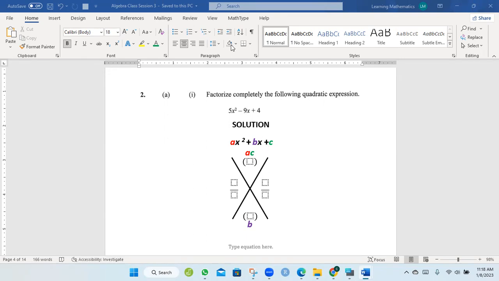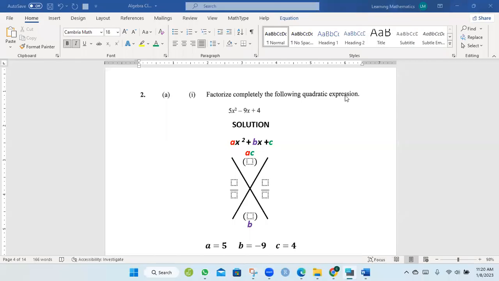So let us outline this. A is equal to 5, b is equal to negative 9, and c is equal to 4. First step: the next step is to multiply a by c, to get the value ac.